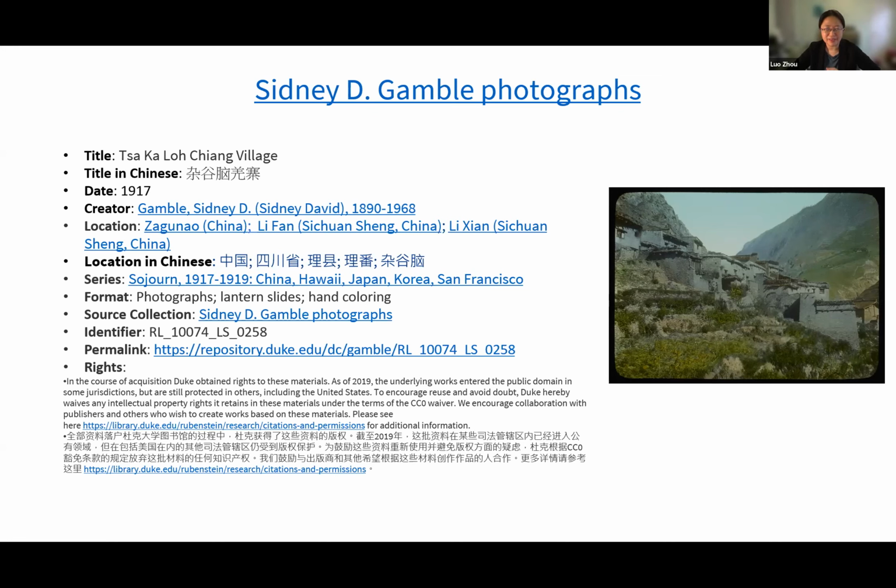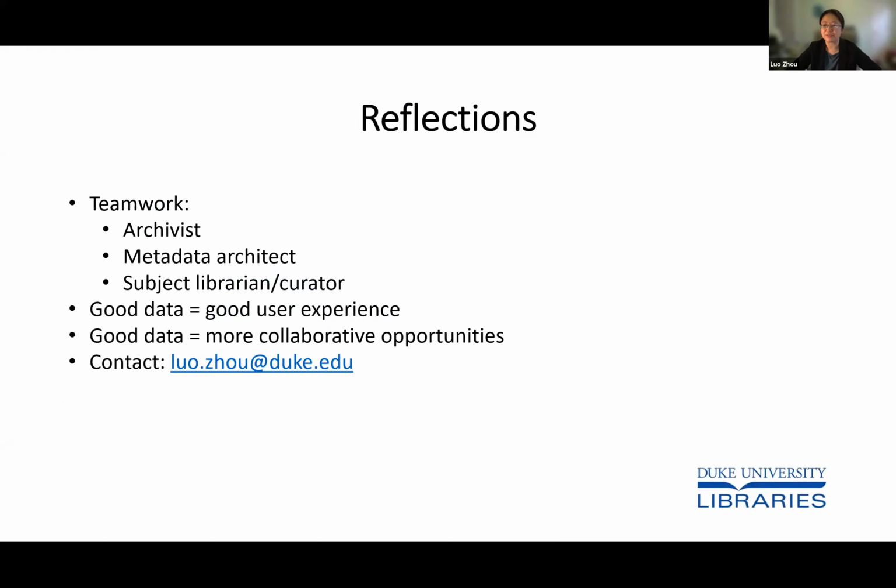Okay, and some very quick reflections. First of all, as you hear me talking, this is teamwork. I first work with the archivist on the spreadsheet to create the metadata, and we create the finding aids together. That's the first step. Then I work with the metadata librarian when it is getting ready for the publication of the digital collection, to update fields and to make up fields.